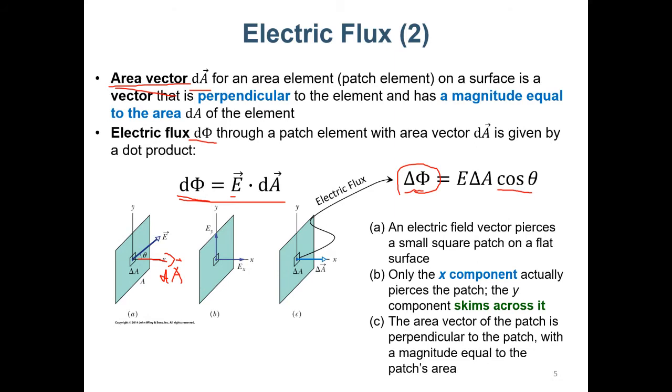If E is perpendicular to the area vector, then cosine theta is 0, which means that dφ is 0. If E is pointing to that side, so theta is between 90 degrees and 180 degrees, then cosine theta is negative, so dφ will be negative.